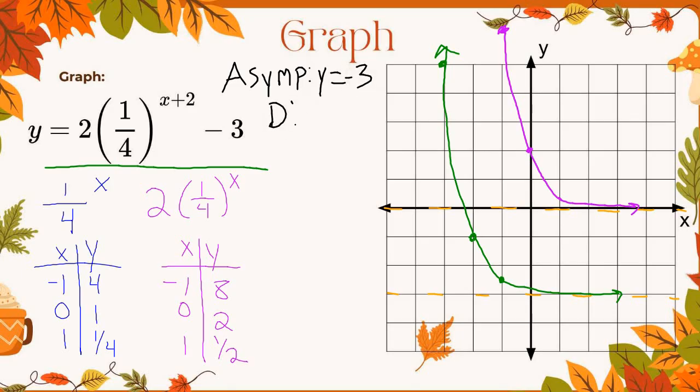So what's our domain? Is it still the same? All the numbers? Is our range still the same though? So my y values. Do my y values still stop at 0? No, this time they stop at -3 to infinity.